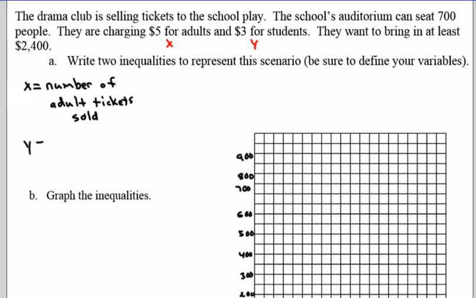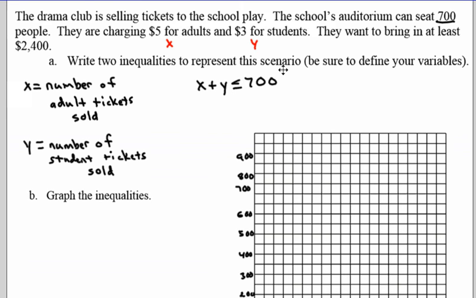And y is going to be the number of student tickets sold. So first off, the school's auditorium can seat 700 people. So I know the adults plus the students has to be less than or equal to 700.